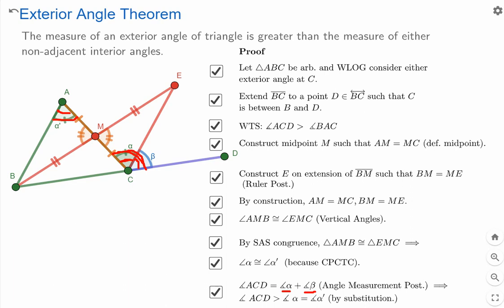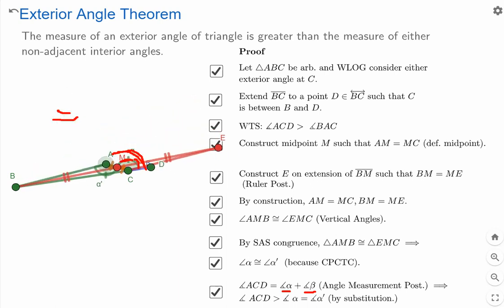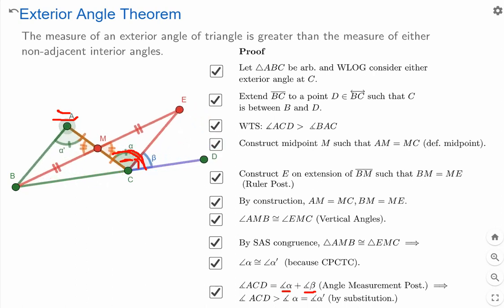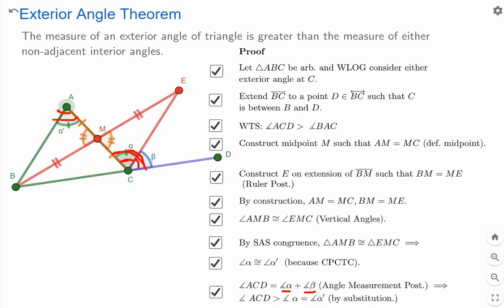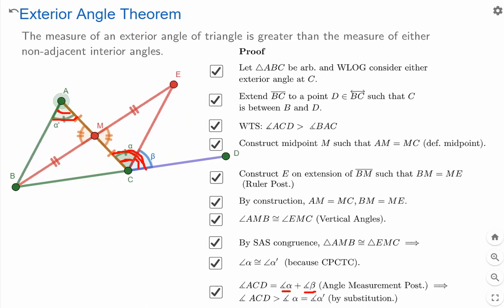Well, the measure of angle beta has to be bigger than 0. The only way for this not to be the case is if I collapsed A all the way onto the line. So as soon as I have any kind of triangle at all, then angle beta is non-zero, it's positive. Well, angle measure always has to be non-negative.